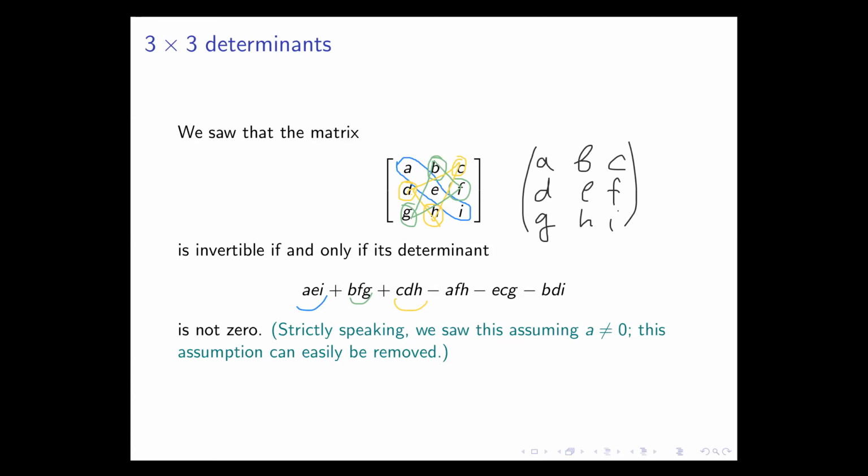Let's see what's going on with the terms with the minus sign. Minus ECG, which is the elements of this diagonal, and then minus AFH over here, and finally minus BDI, which are the elements over here.